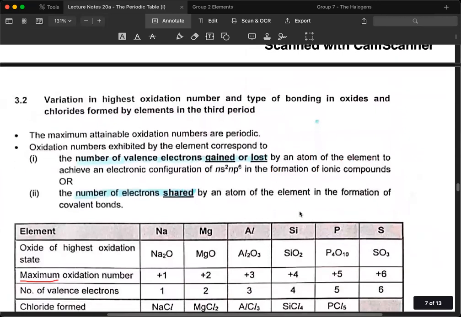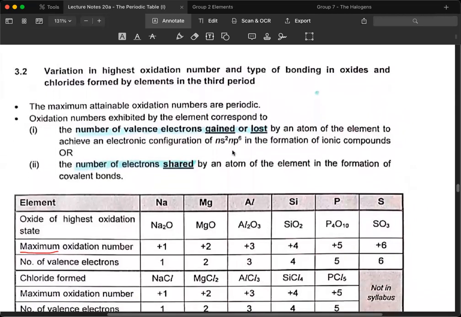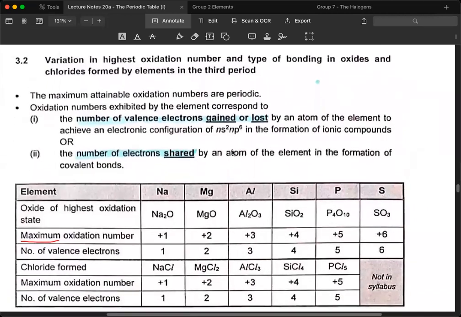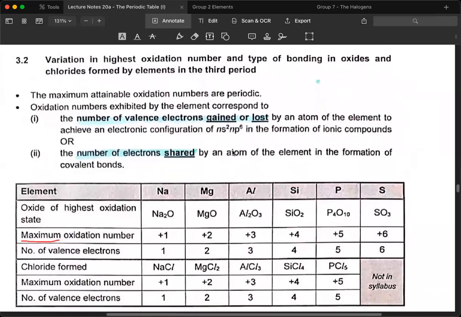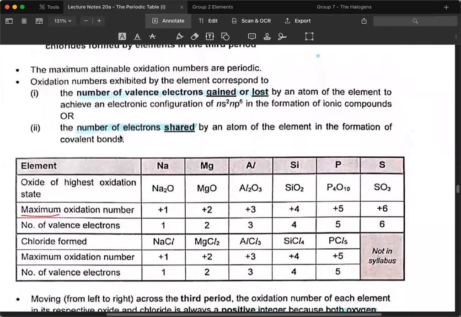Now, the maximum attainable oxidation numbers are periodic. The oxidation number exhibited by the element corresponds to the number of valence electrons gained or lost by the atom to achieve the electronic configuration of ns2np6 in the formation of ionic compounds, or the number of electrons shared by the atom in the formation of covalent bonds.